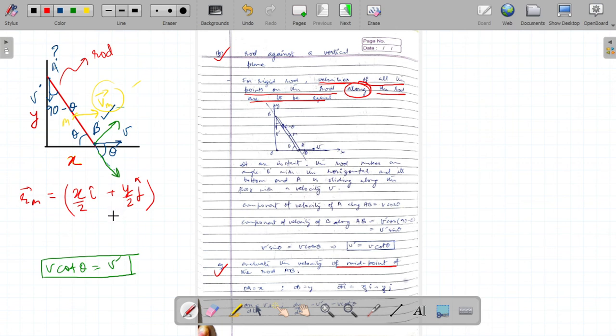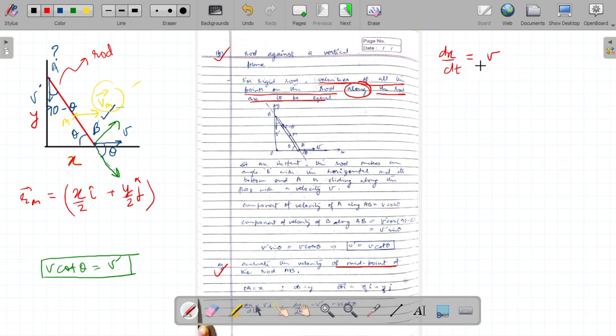Can we find what is the rate of change of x? So rate of change of x is the velocity of point B, right? Because the x point is where B lies. And we know the rate of change of the position of B is the velocity of B. The velocity of B is V, that we know.